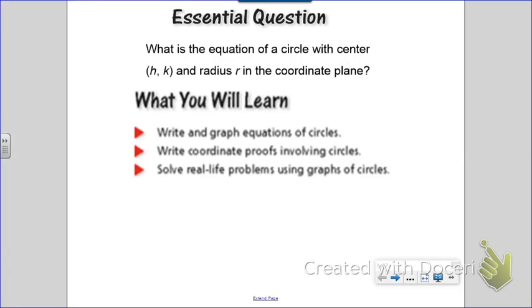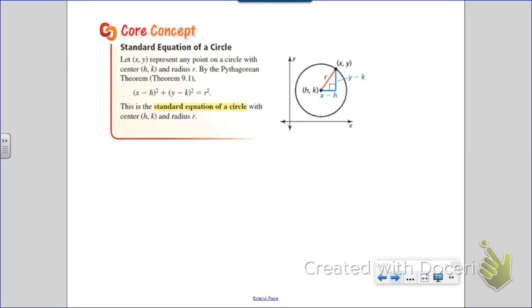In our last lesson for Chapter 7, we're going to look at graphs and equations for circles. A standard equation of a circle is based on the Pythagorean theorem, where we have leg squared plus leg squared equals the hypotenuse squared.